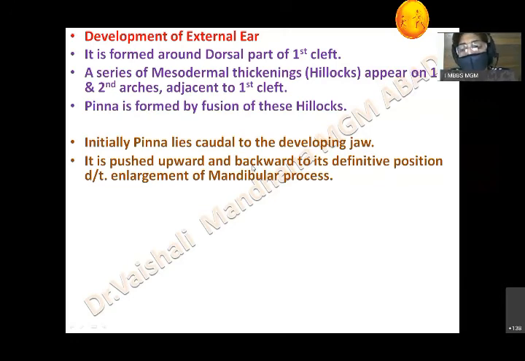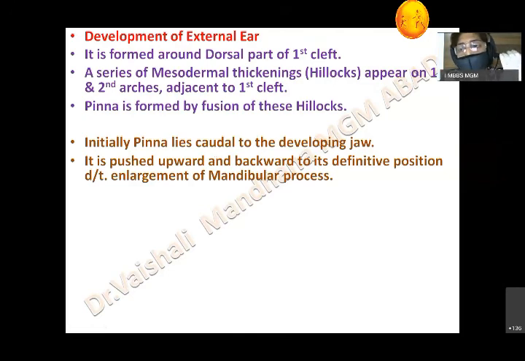So you can imagine if the mandibular process does not grow, that means mandibular process is coming from first arch. So if there is first arch syndrome, you will get small mandible, and because mandible is not growing, the ears will not be shifted to their adult position.